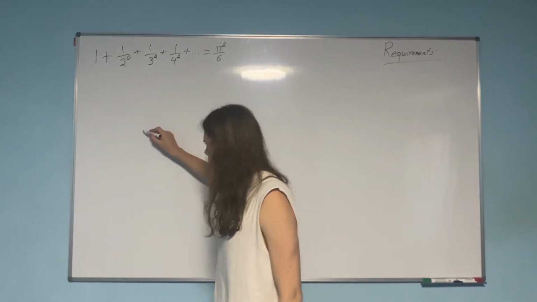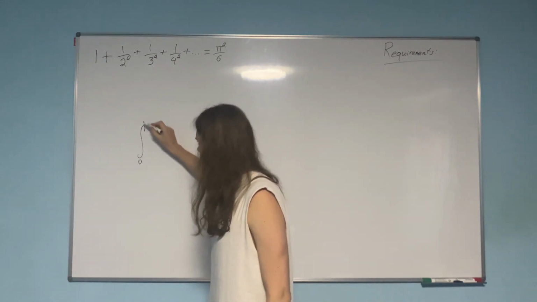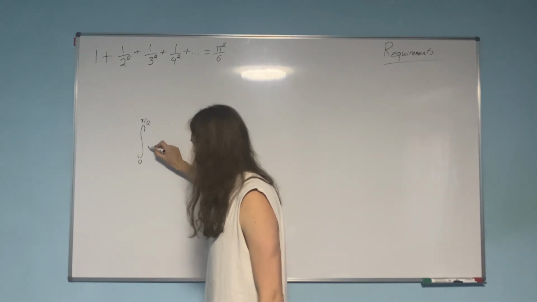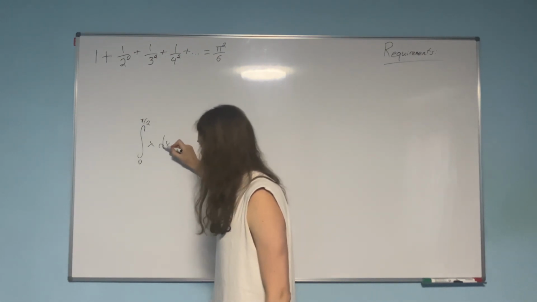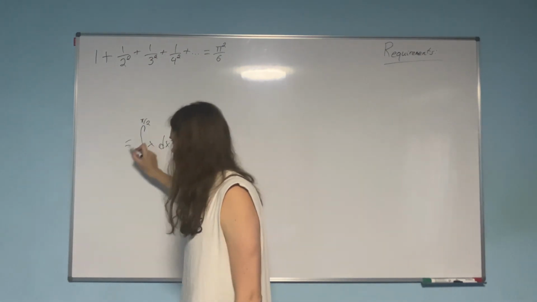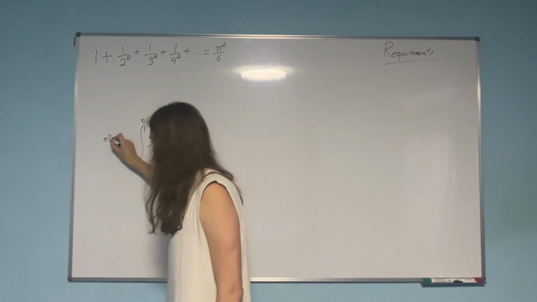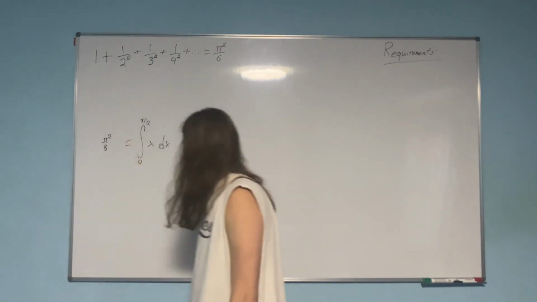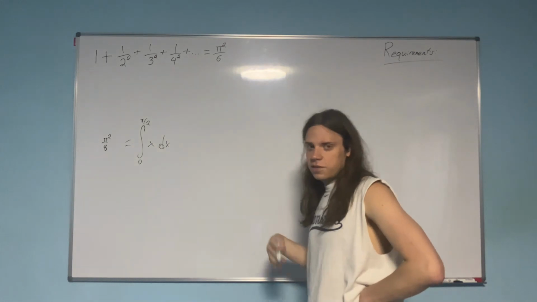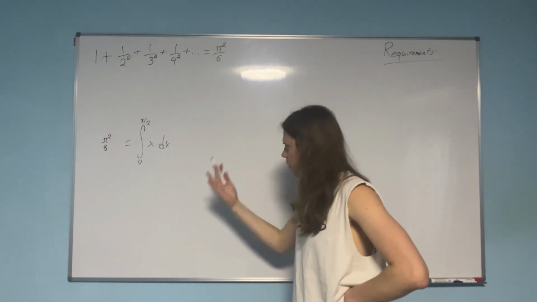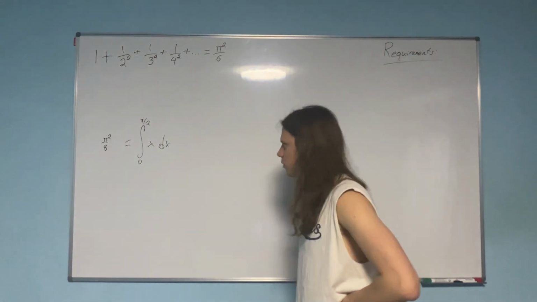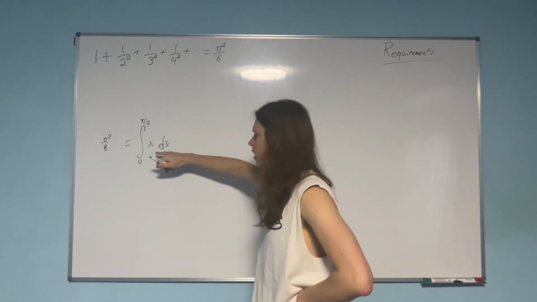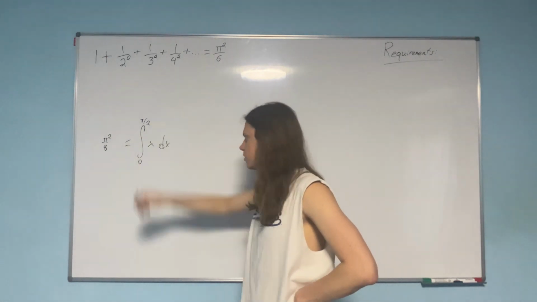First of all, we start with an integral from 0 to pi over 2 of just x dx. And this very obviously results in pi squared over 8. And you might ask, okay, what's the point of that? Got a pi squared term, but I have no way to associate it with this.